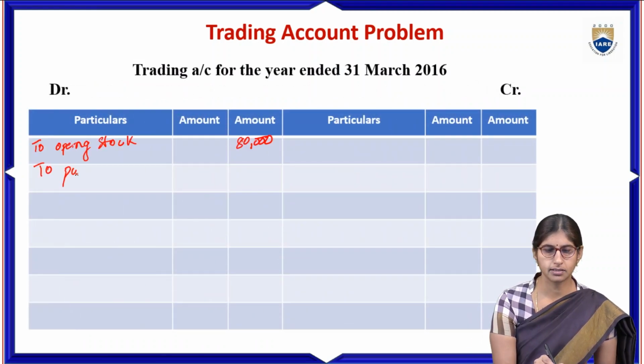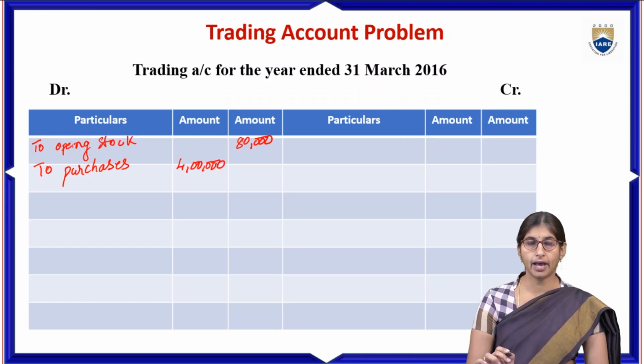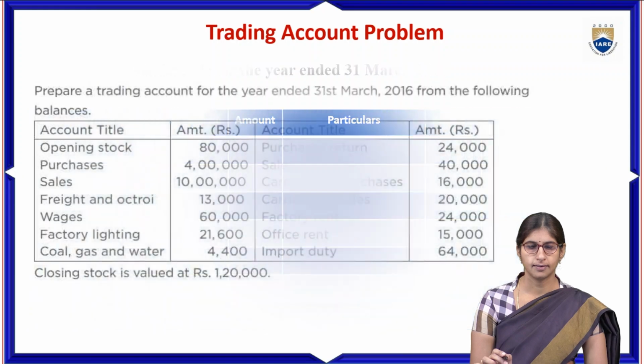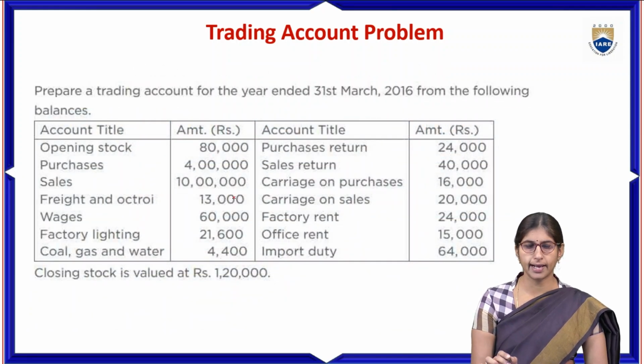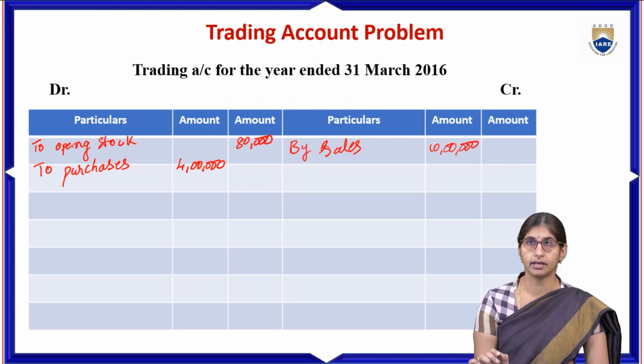To purchases 4 lakhs, because I am writing in the inner column, as we may have purchase returns. Now sales 10 lakhs. So by sales 10 lakhs. I am writing in the inner column.